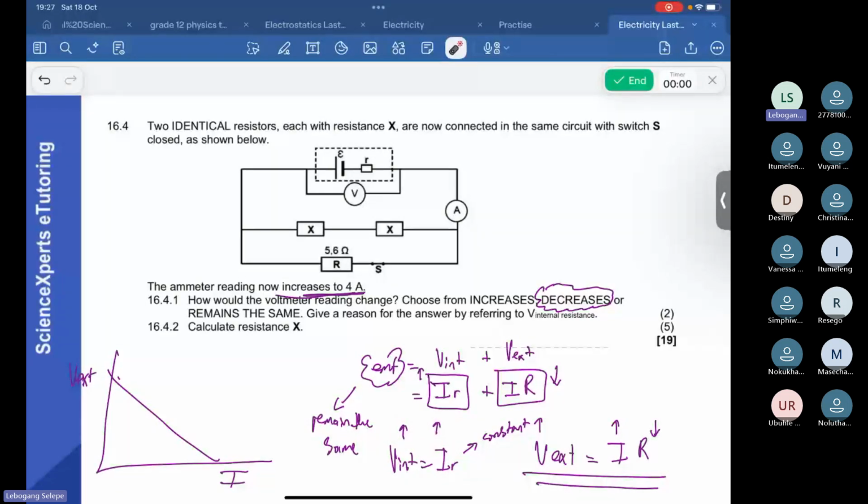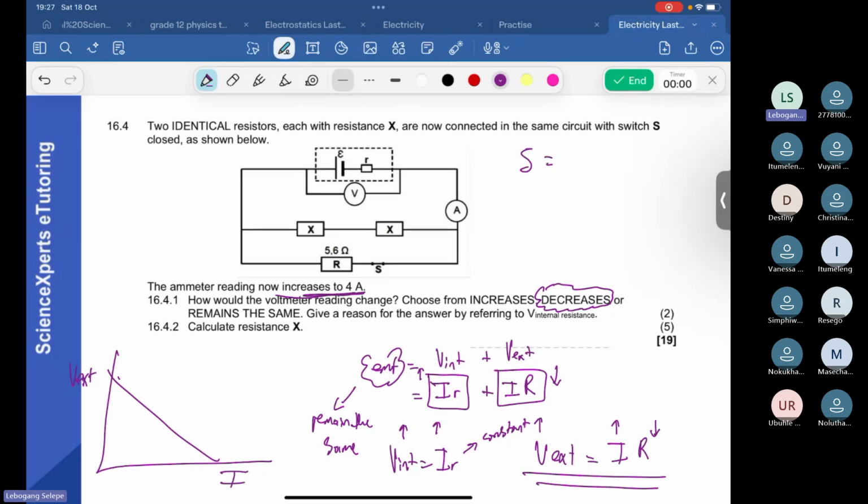Now if I take a look at this one here, there is a controlled variable. EMF is the same. It doesn't change because it's a feature of a battery, right? Because EMF is the same, if I increase V internal, I would expect V external to go down to balance. I showed you an example using numbers.